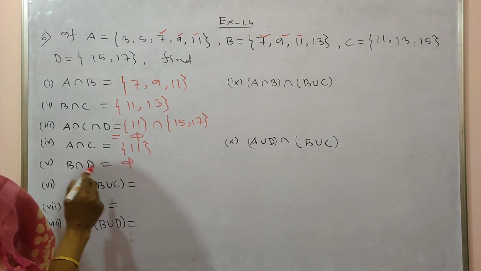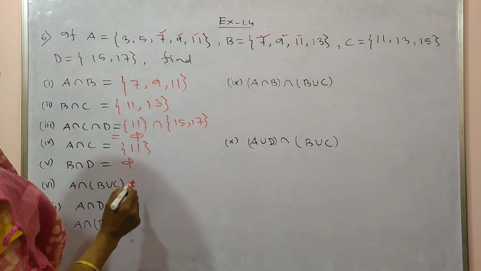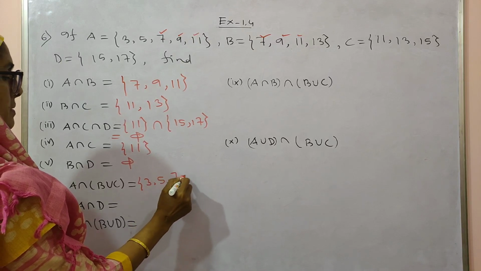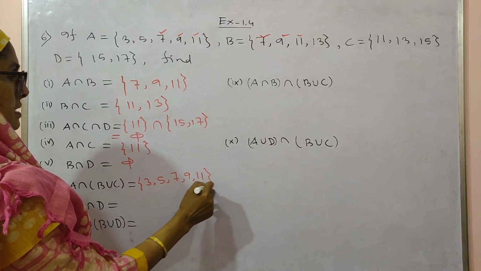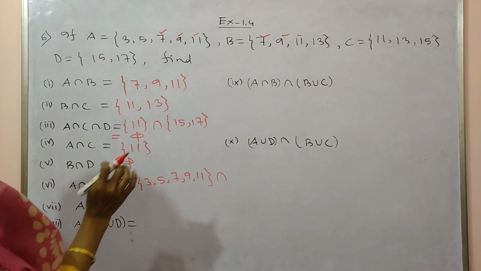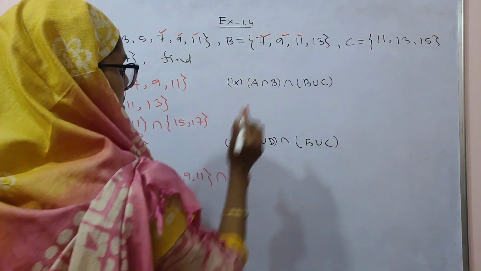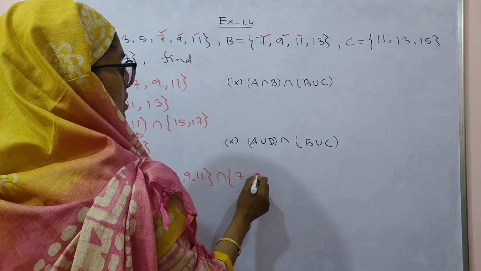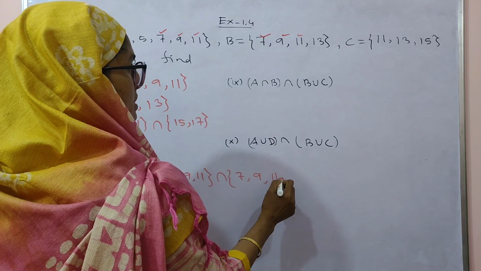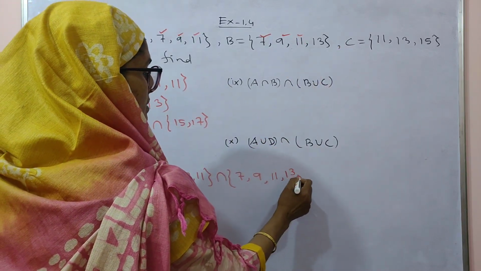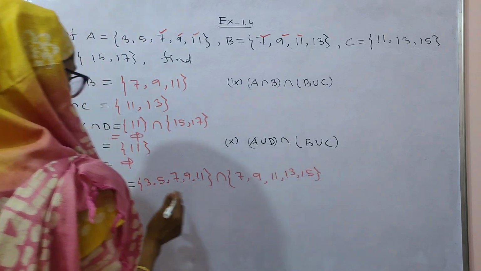A intersection B union C. A means 3, 5, 7, 9, 11, intersection B union C. B union C: all elements included either in B or in C, 7, 9, 11, 13, 15.